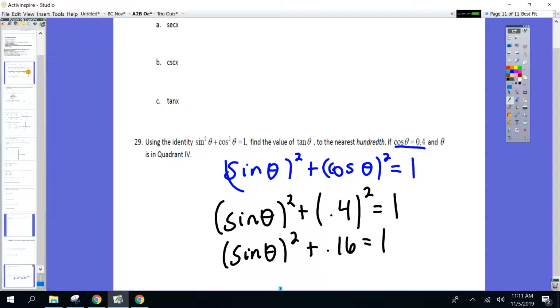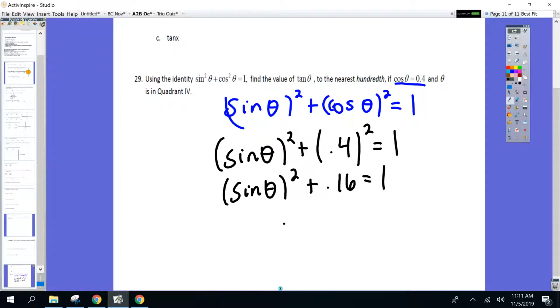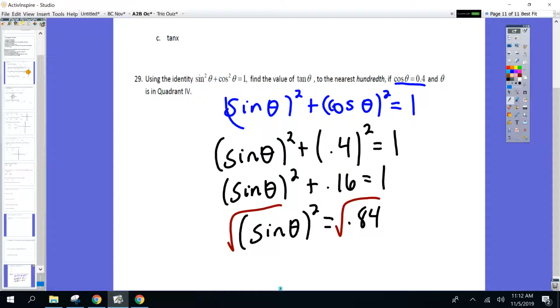Subtract it over. I'll have sine theta squared equals 0.84. Next step, getting the squared out of there. Square root both sides, gone, gone. So sine theta is equal to the square root of that, which is 0.91651539.